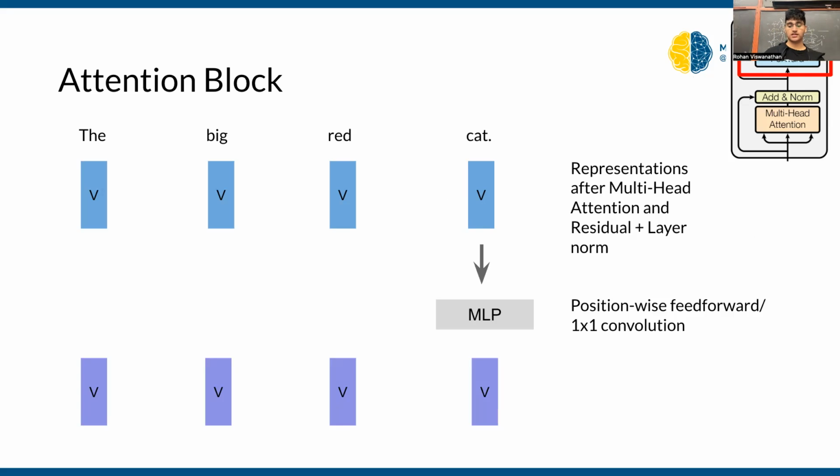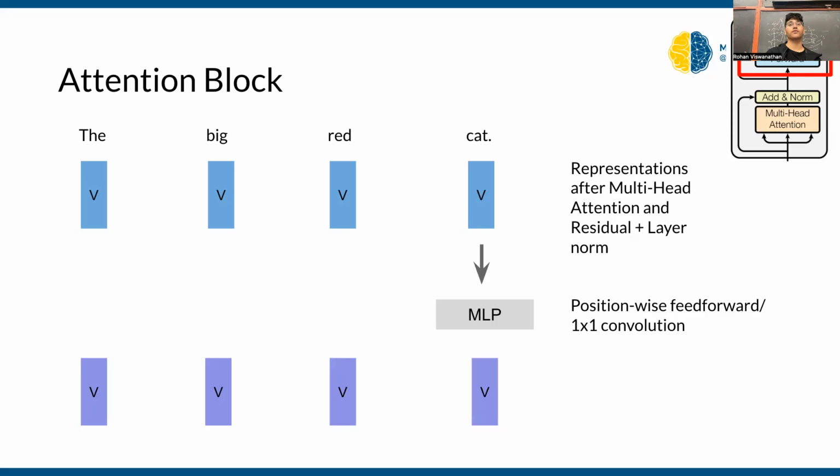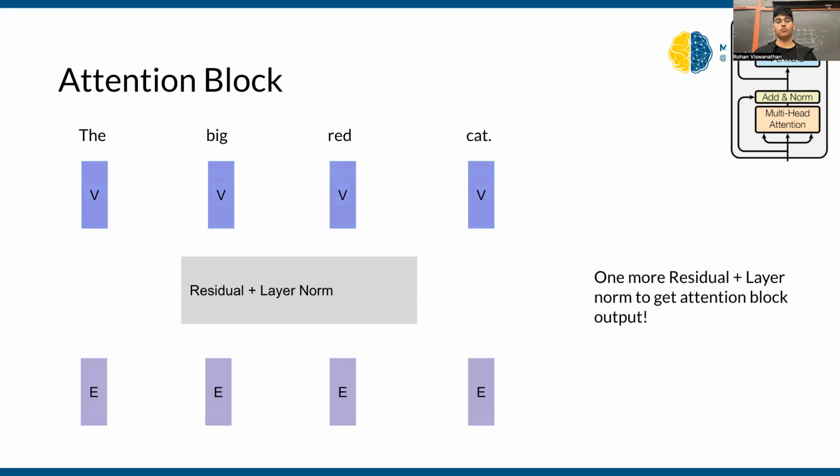And the beauty of this is that we are doing an MLP for each of these different things, but this can be parallelized, which is really awesome because previously, in recurrent neural networks, a big problem was not being able to parallelize anything. But now each of these MLP steps can be parallelized. You put these through one more residual and layer norm to get an attention block output.